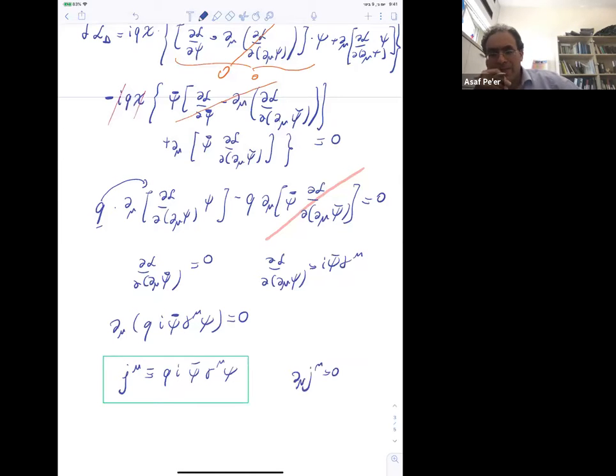But what is that? What did we just find out? We've seen this J mu already. Right, you with me? It's not the first time I wrote it. When we discussed the Dirac equation, we've seen this current. So in that sense, we did not really discover anything new right here.